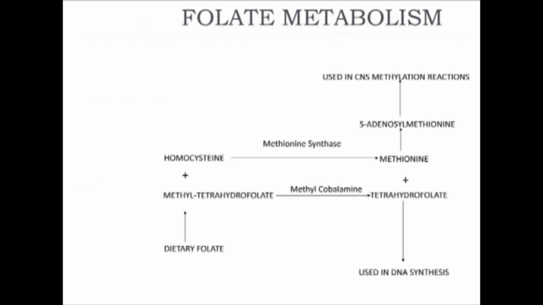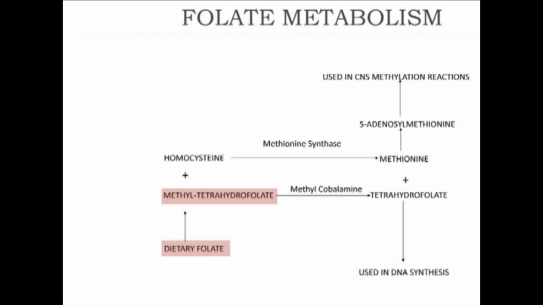Well, it's very important to look at the biochemical origins of megaloblastic anemia. This slide depicts specifically folate metabolism. I want to start the discussion by focusing on dietary folate, which really provides the body with methyl tetrahydrofolate, which is the inactive form found in fruits and vegetables.